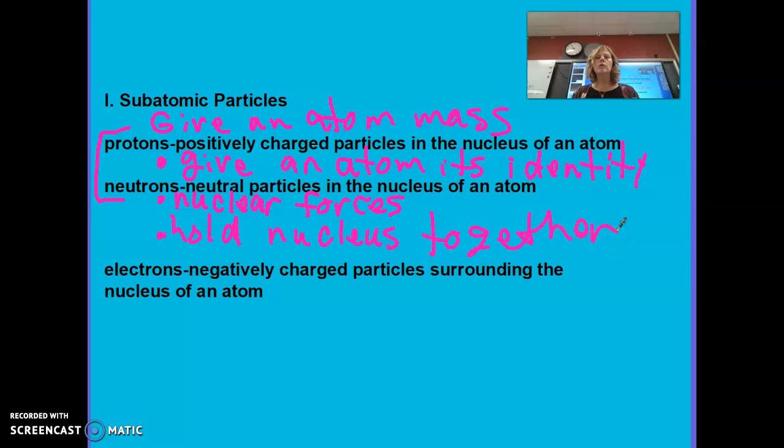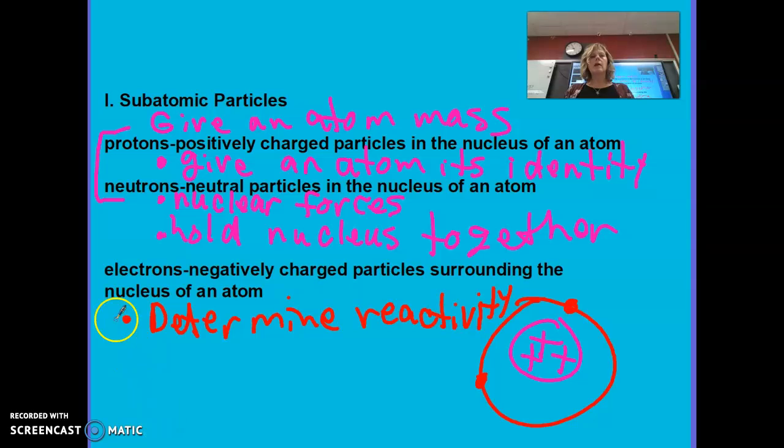If you can imagine what would happen, you have all these positive protons together in the nucleus. They would never be attracted to each other, and they would never stay together. They would blow apart, literally, because a group of positive protons would never stay together. So these nuclear forces act as little buffers that keep them from falling apart.